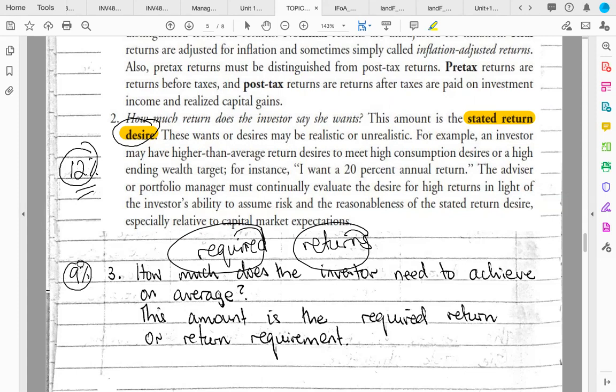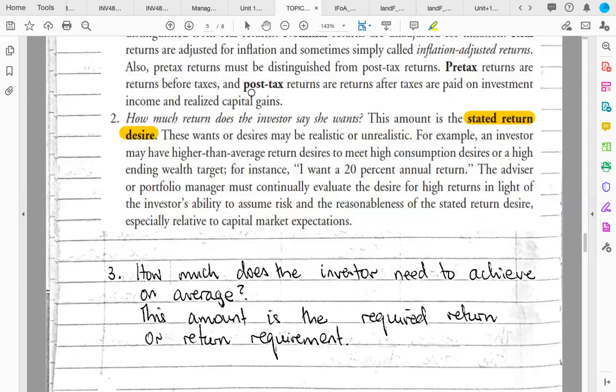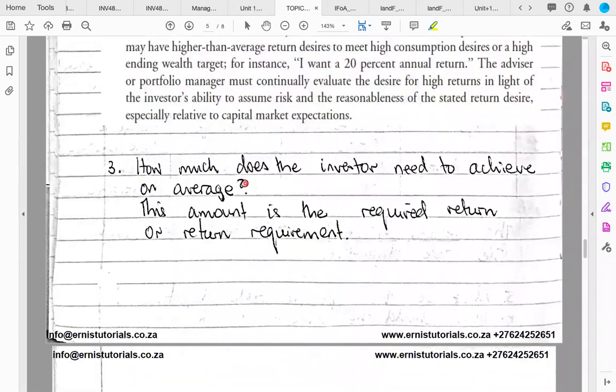Usually a person's required return, what they actually require to be able to meet all their liabilities, is usually far less than what's actually desired. So to actually determine what's required, we actually have to do some calculations, whereas what's desired can simply be a matter of a prospective investor telling you what they would need, okay?